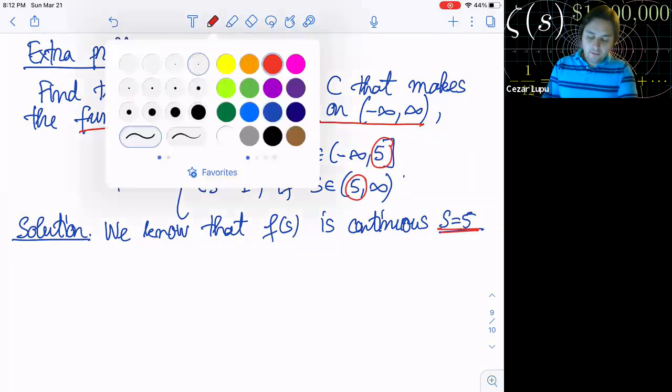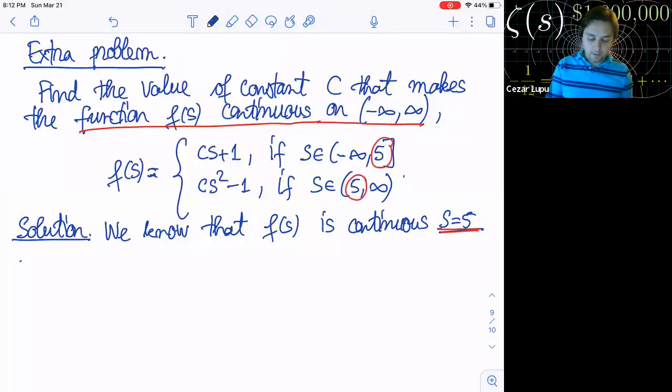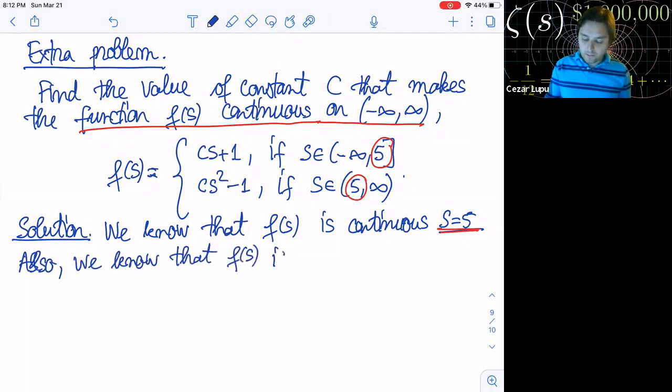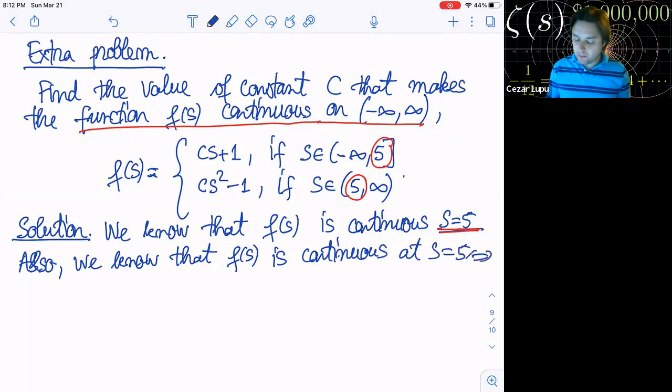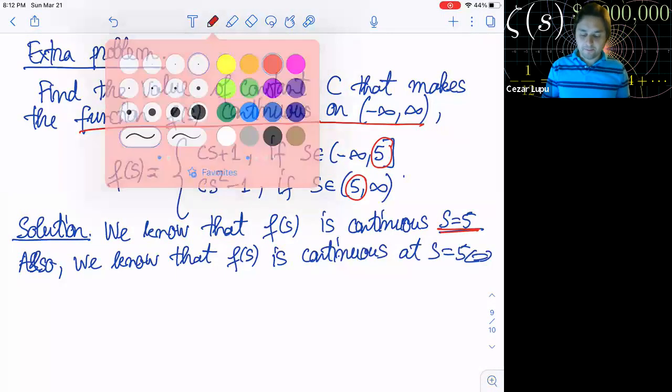And what do we know by the definition? We know that f of s is continuous at s equals 5 if and only if what? Can you tell me? We did this today.